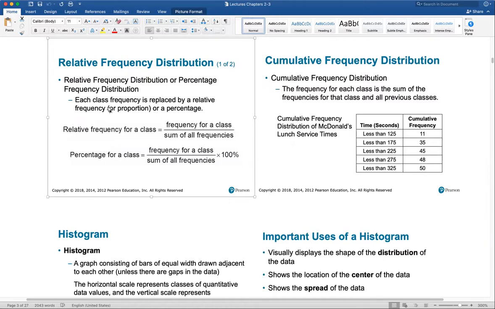Relative frequency is calculated by the frequency for a class divided by the sum of all frequencies. Sometimes the frequency table shows the percentage for a class, which is the relative frequency multiplied by 100%.